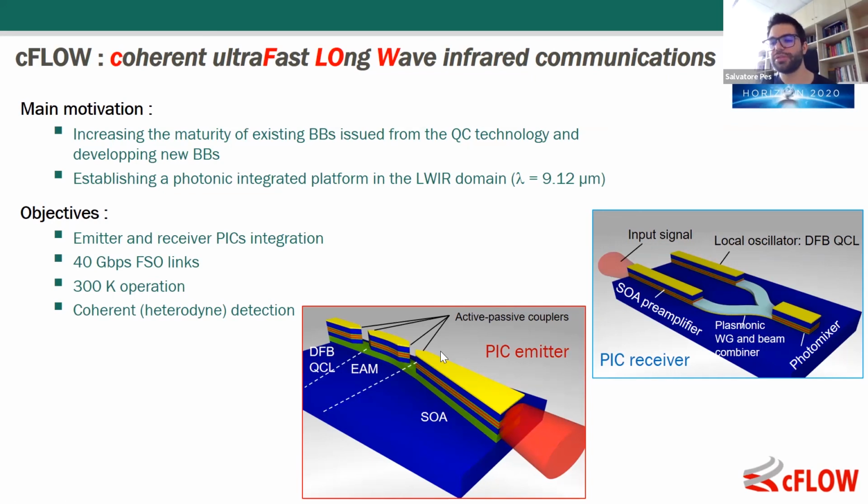Of course, we are reusing and adapting some concepts developed for other technologies in the case of quantum cascade technology. I can also think about all the modulation formats, where the technology is transparent.